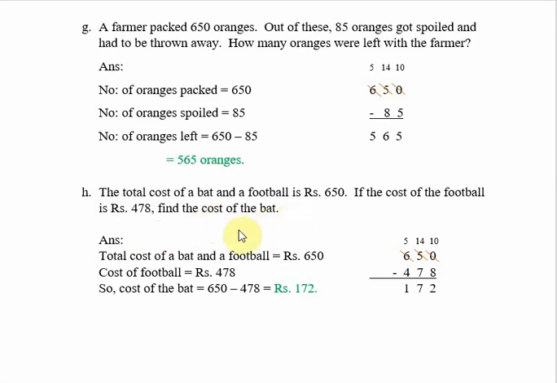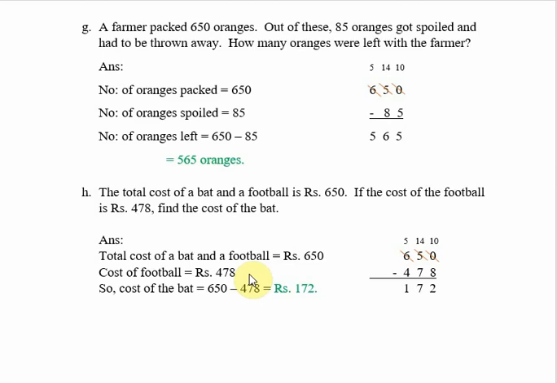Okay. So, let us do like this. What is the total cost of a bat and a football? It is rupees 650. That means a bat and a football together will cost rupees 650. And the cost of the football is rupees 478. We had been given the cost of the football.